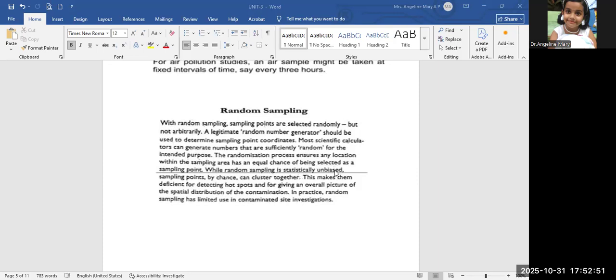Random sampling is statistically unbiased. It should not be biased; it should be an unbiased one. Then only can we collect clear data from this. However, sampling points by chance can cluster together. The samples may occur in clusters, which makes it deficient for detecting hotspots and for giving an overall picture of the spatial distribution of the contamination. So in regular practice, random sampling has limited use in contaminated site investigations.